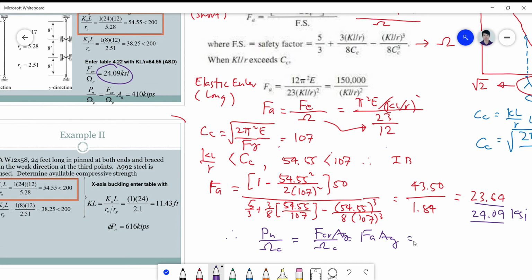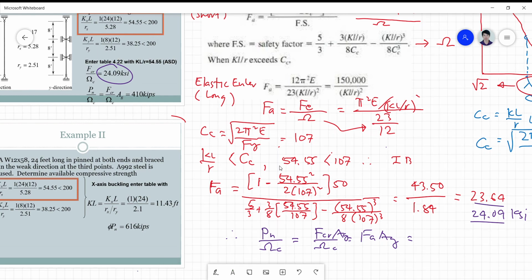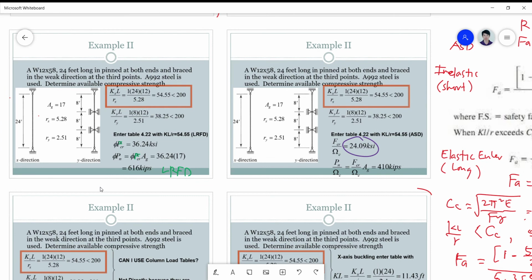So this is now 23.64 times AG, which is given in the problem as a W12 by 58.